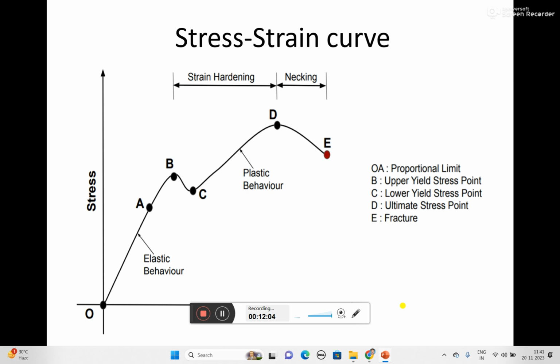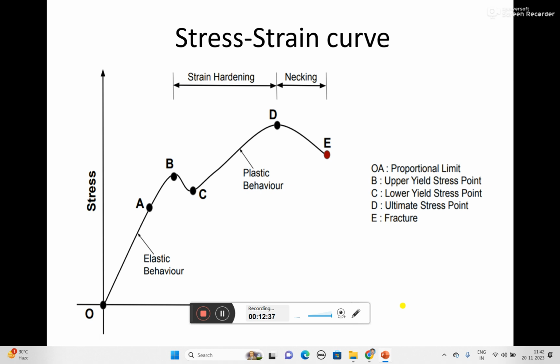At point D, because you keep on increasing the load, the stress value gradually increases and reaches the maximum stress point. That point we call the ultimate tensile stress point, marked with the point D. This is the zone where the stress is at its maximum value.